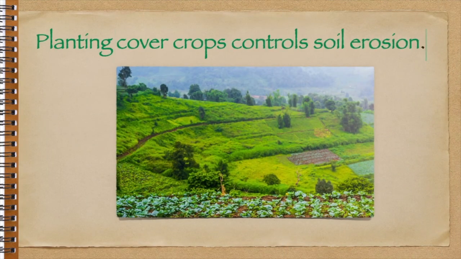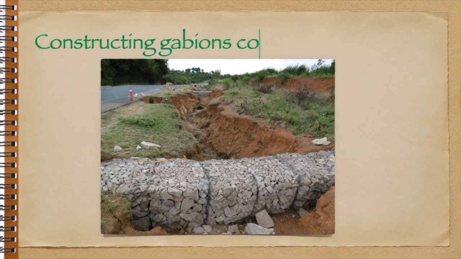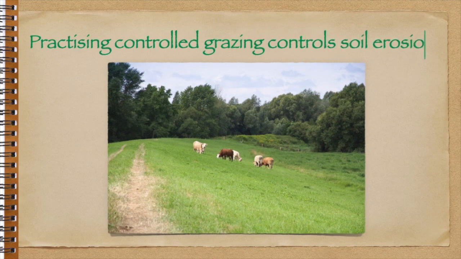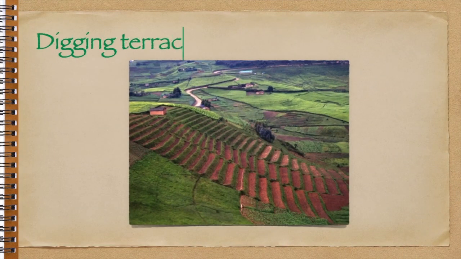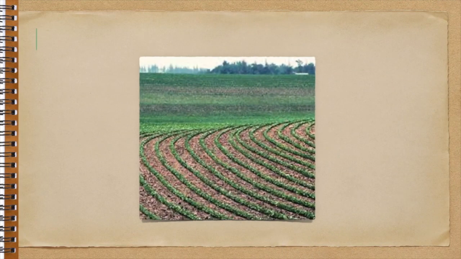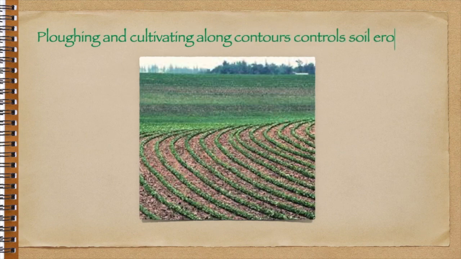Planting cover crops controls soil erosion. Constructing gabions controls soil erosion. Practicing controlled grazing controls soil erosion. Digging terraces controls soil erosion. Plowing and cultivating along contours controls soil erosion.